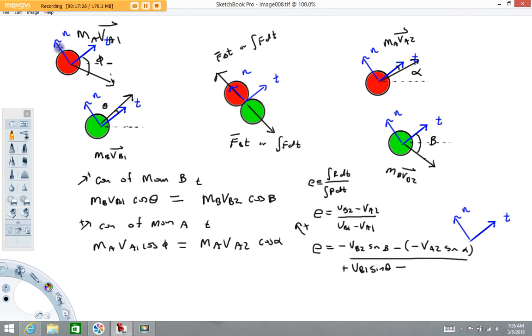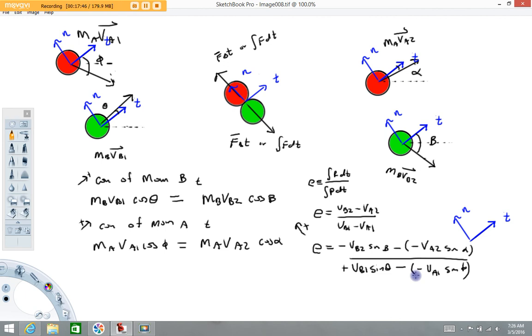So that's going to be minus a minus vA1 sine phi. Now I'm not going to bother cleaning up anymore. What we would then do is go through and this would be plus, this would be plus, and so forth.